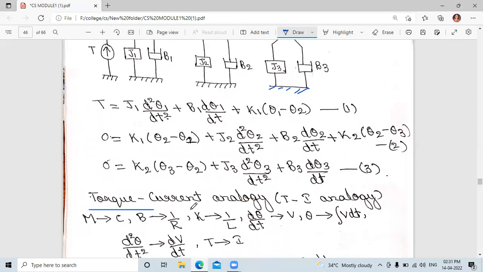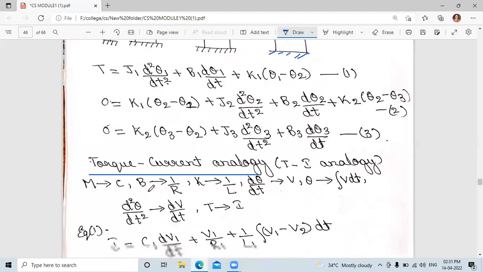Torque-current analogy they have asked. So mass or inertia is replaced by C, capacitance; B is replaced by 1/R; K is replaced by 1/L; dtheta/dt is replaced by V; theta is replaced by the integration of V; d²theta/dt² is replaced by dV/dt; and torque is replaced by current.